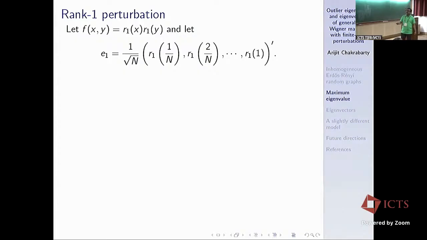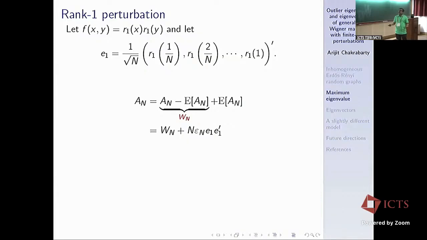So rank 1 perturbation means, let's suppose f(x,y) is of this form, r_1(x) r_1(y). Then, like I just said, you can add and subtract the mean matrix and call that W_n. So it's W_n plus the mean matrix, which is n epsilon_n e_1 e_1'. And we shouldn't forget that W_n is therefore essentially a Wigner matrix.